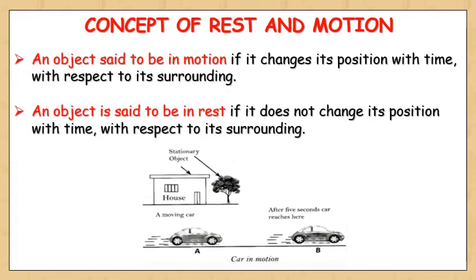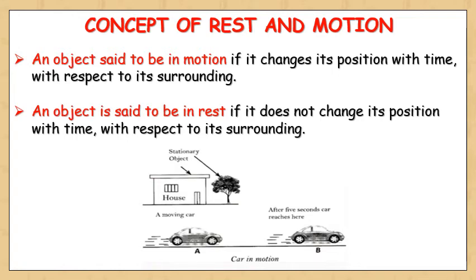Now let us start with another section of this chapter, that is the concept of rest and motion. Students, one of the fundamental properties of objects making up this physical world is that they exhibit movement. Movement or motion is all around us.